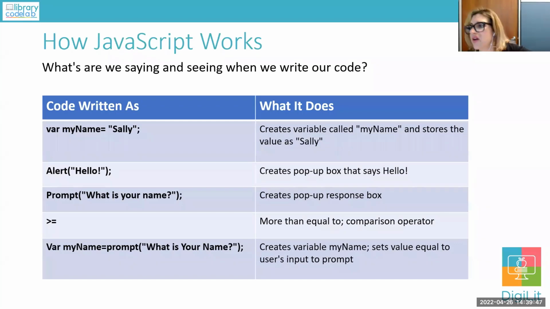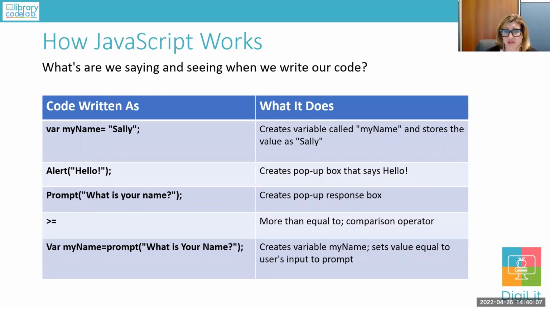Okay, so this next slide that you're going to see is a chart. It's basically a breakdown of how to write certain code to get a desired result. Our browsers are going to act as interpreters for JavaScript.